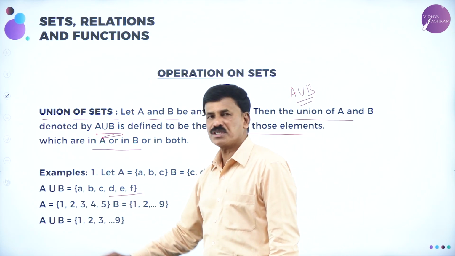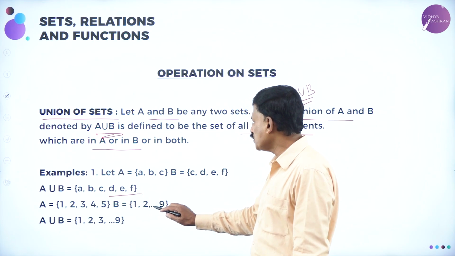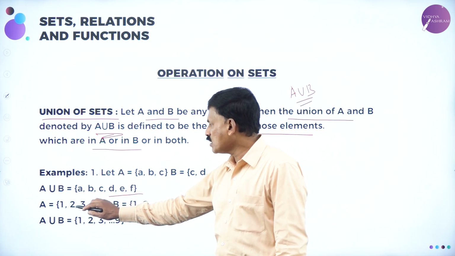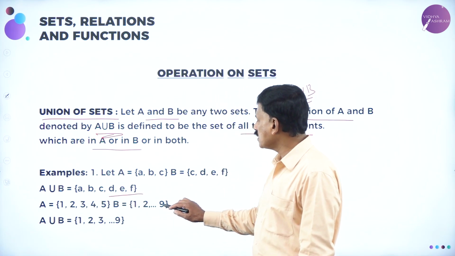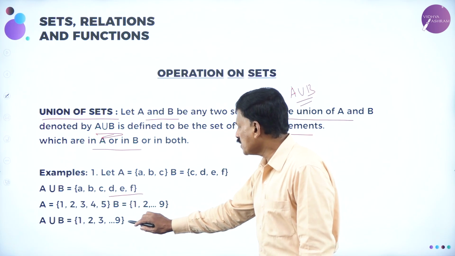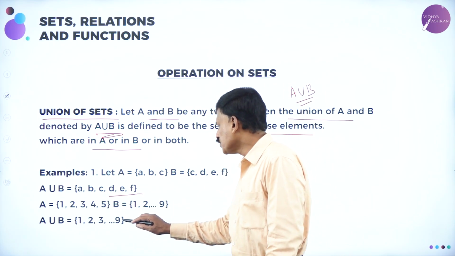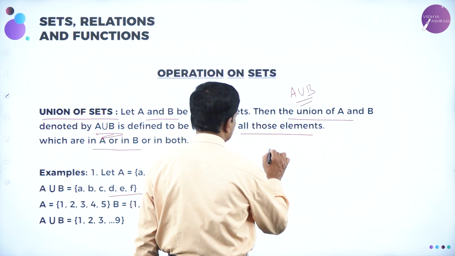Similarly, let us take one more example. If A is equal to {1, 2, 3, 4, 5} and B is equal to {1, 2, 3, 4, etc.} up to 9, then the union of A and B is all the elements of A, 1, 2, 3, 4, 5, including all the elements in B, that is 6, 7, 8, 9. So the union of A and B is 1, 2, 3, 4, 5, 6, 7 up to 9. Let us take one more example.